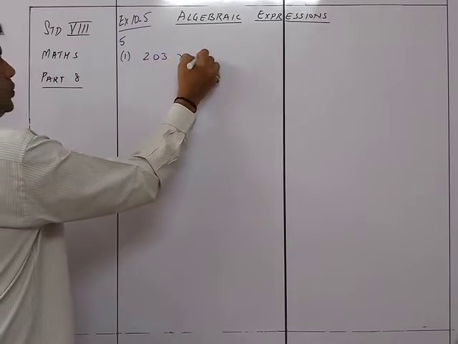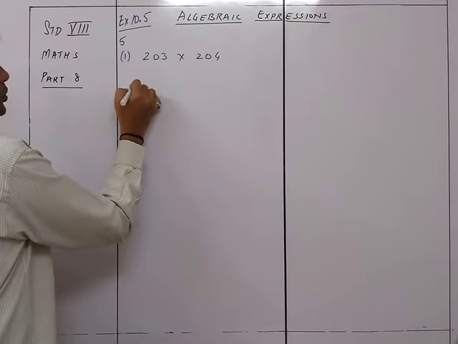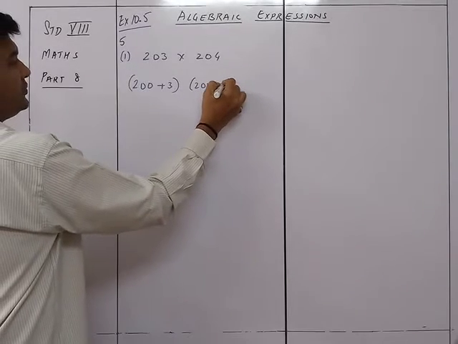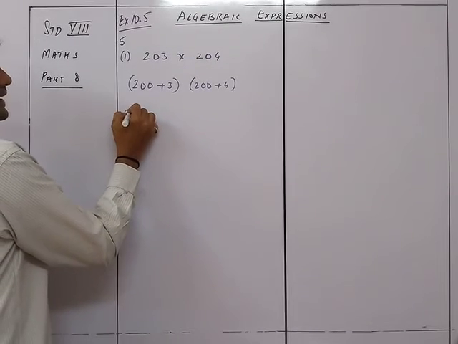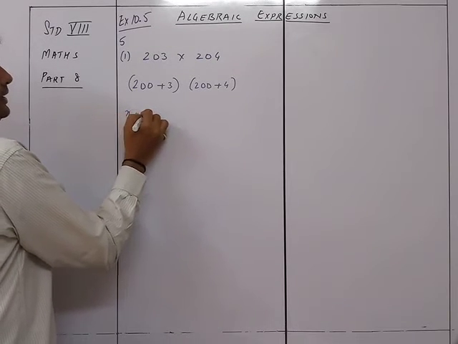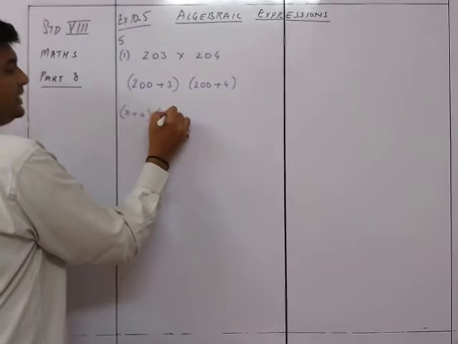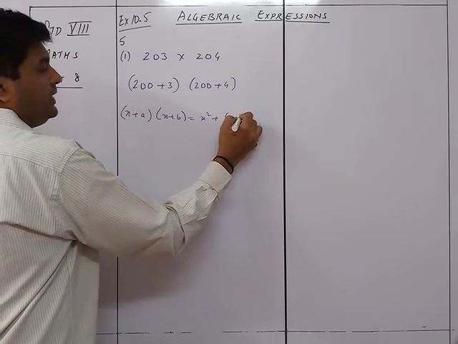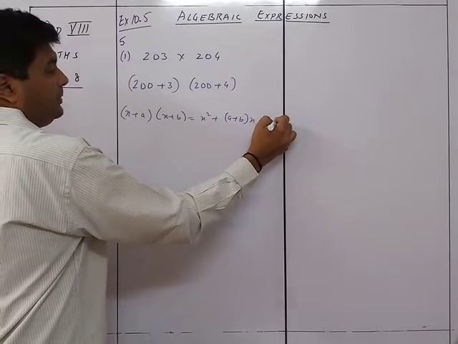203 into 204, which is nothing but 200 plus 3 into 200 plus 4. The formula is x plus a into x plus b is equal to x square plus a plus b into x plus ab.